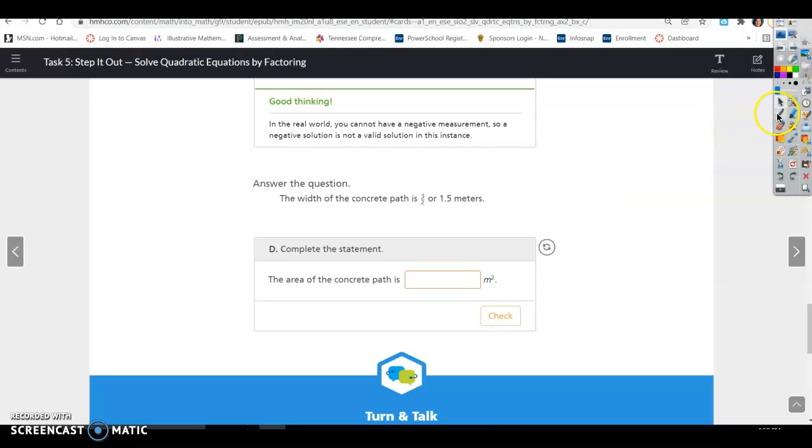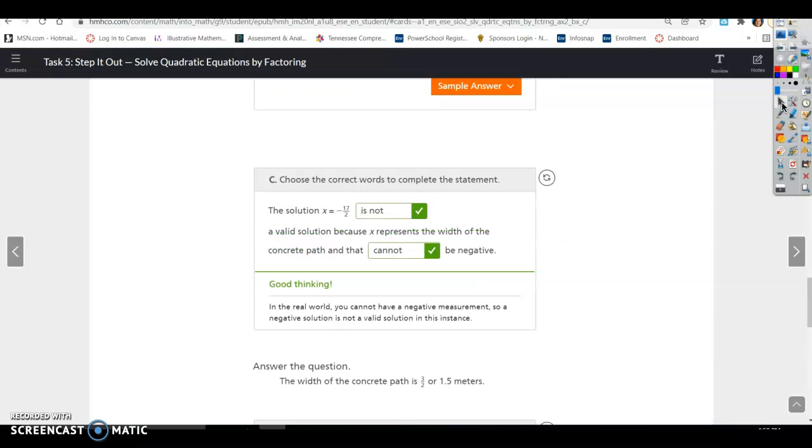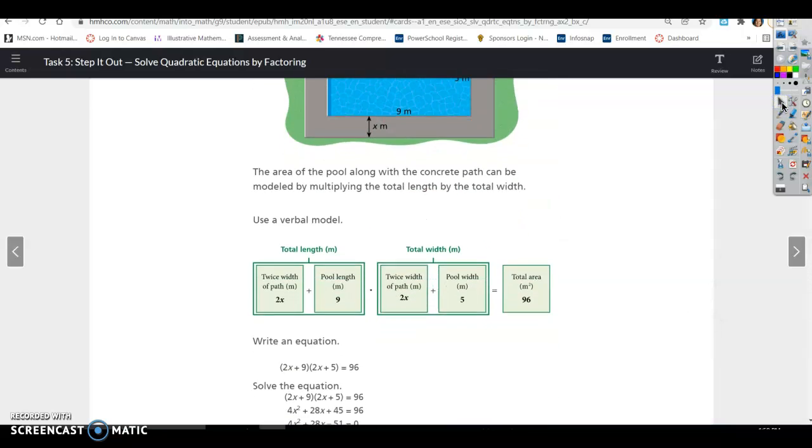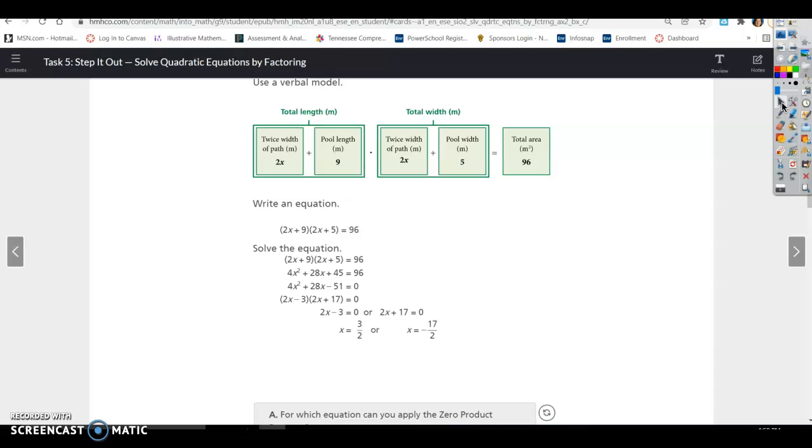If we look at what we have been given, we can go back and write down what we are given. We know that 2x plus 9 times 2x plus 5 equals 96.